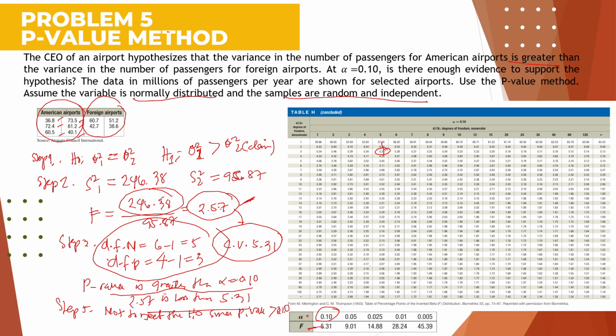Because the F value is lesser, and also the alpha will become bigger. That is how to find it. We have to get all the values for this one in order to compare.